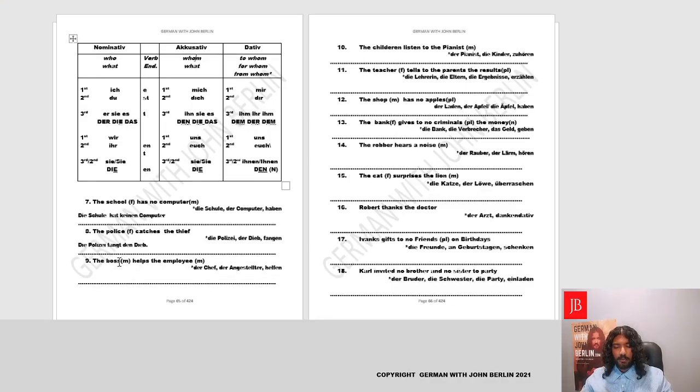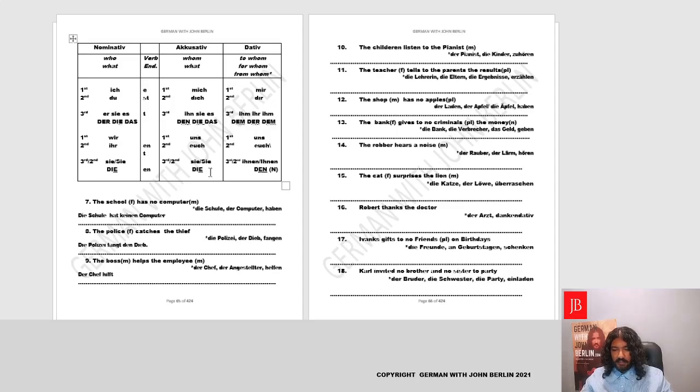So in other words, the boss gives to the employee help. So we'll pick up the boss. It's masculine. Der, we call boss Chef. Der Chef. The verb is helfen. We'll conjugate it for third person. It has an e. It'll get changed to i, and it'll become hilft.